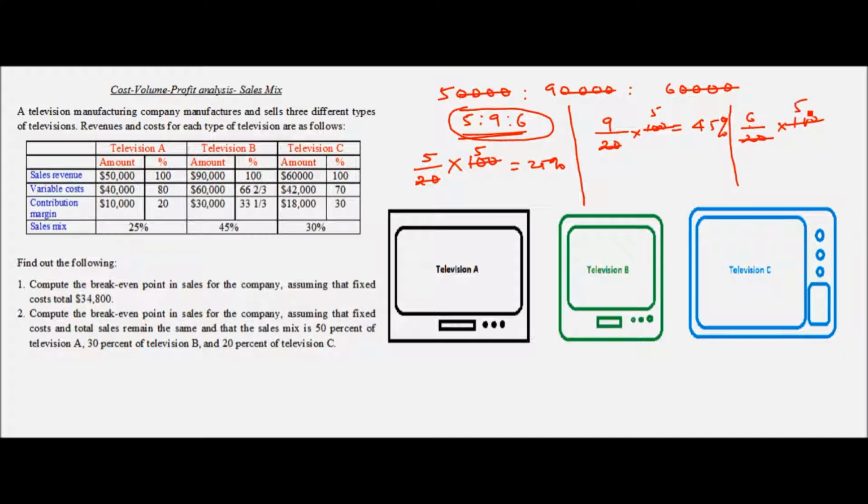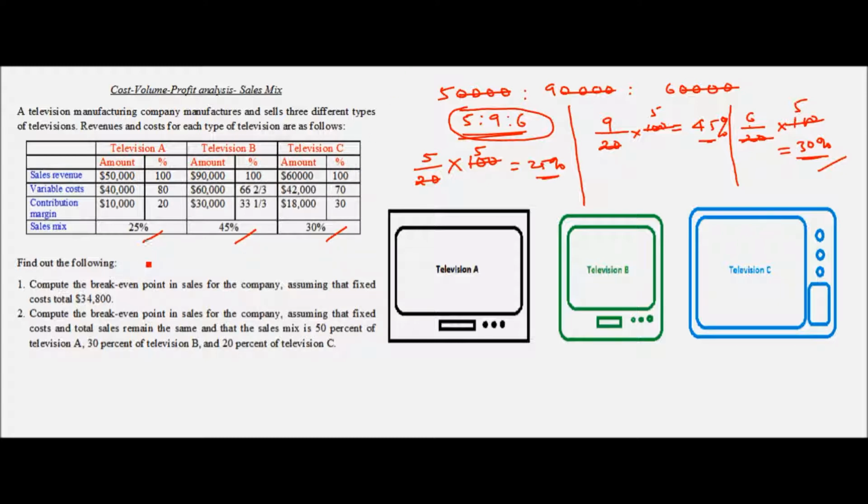So this is 6 fives are 30%. So A is 25%, B is 45%, and C is 30%. So this is how we have arrived at the sales mix here.